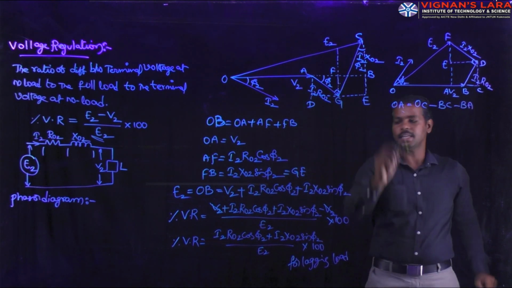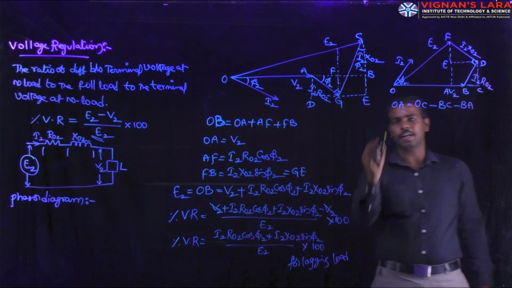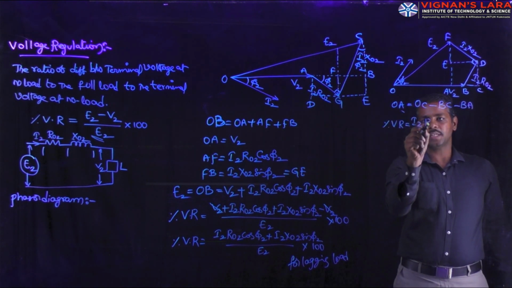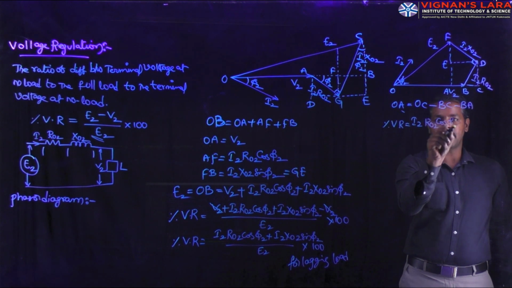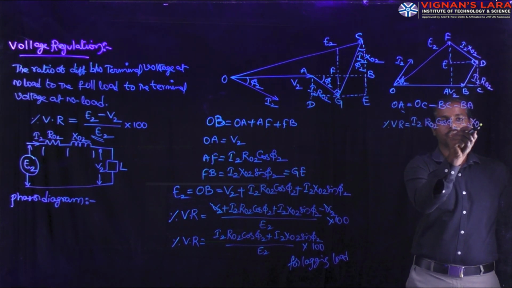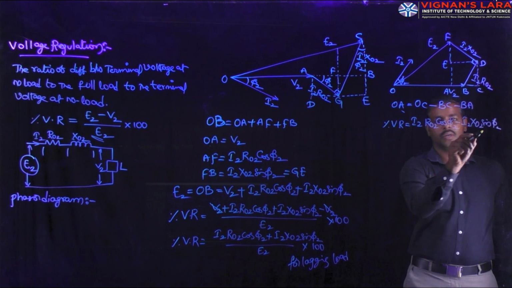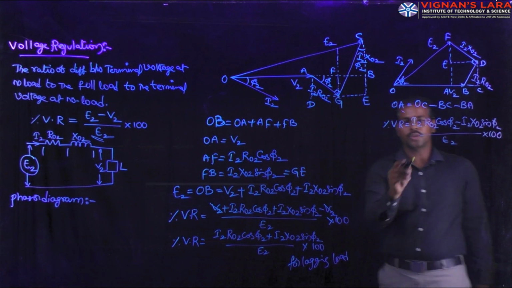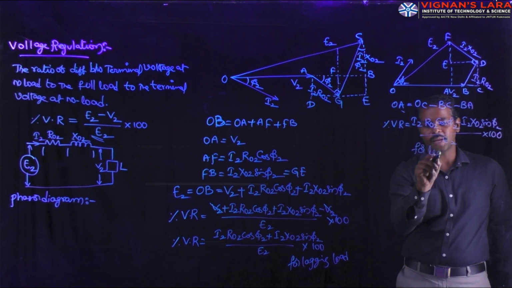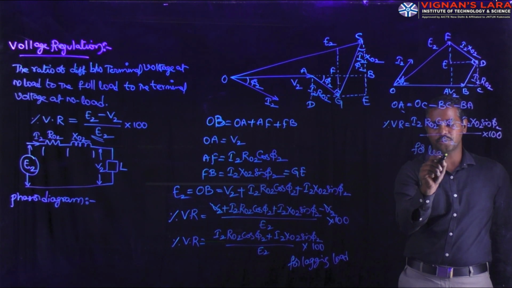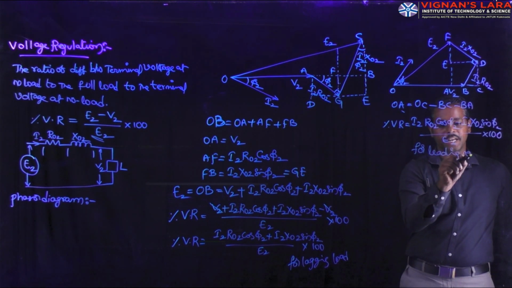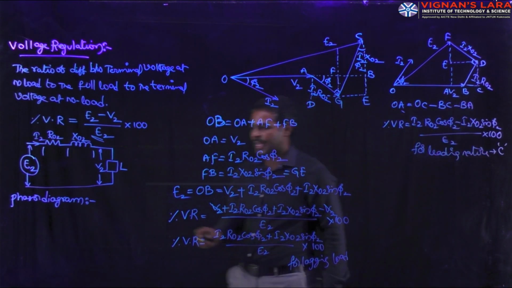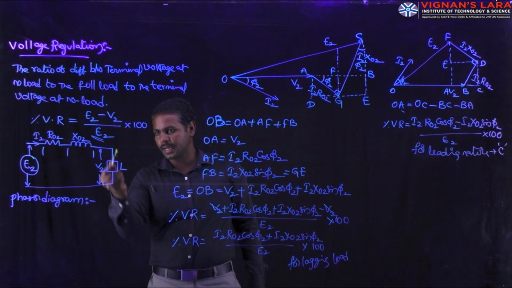By simplifying these equations, the percentage of VR is equal to I2 R02 cos phi 2 minus I2 X02 sin phi 2 divided by E2, into 100. This is for leading, capacitive loads, when capacitors or inductors are connected across the load terminals.